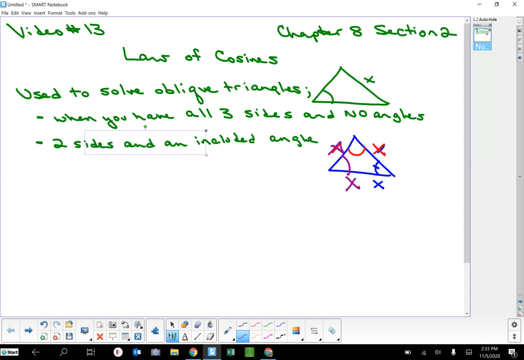So here is the law of cosines. There are three different formulas for it.